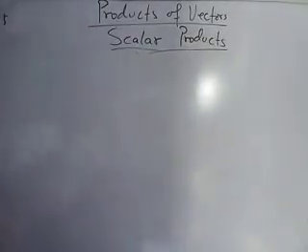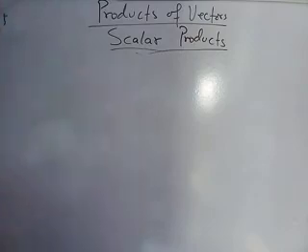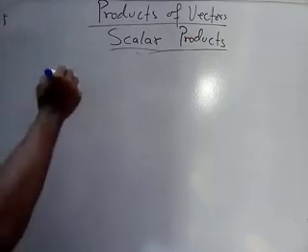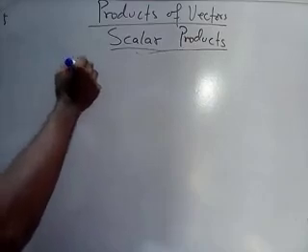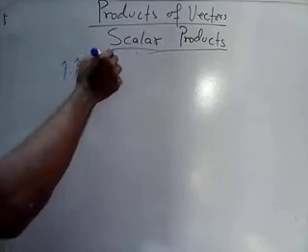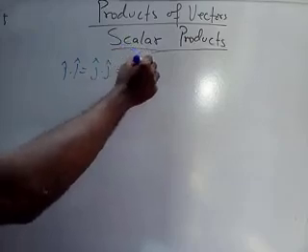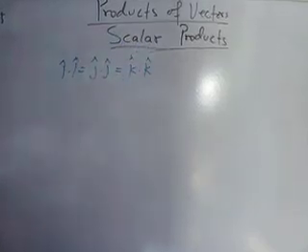We can calculate the scalar product of vector A and vector B directly if we know the x, y, and z components of A and B. Already you know that i dot i is the same as j dot j and the same as k dot k.